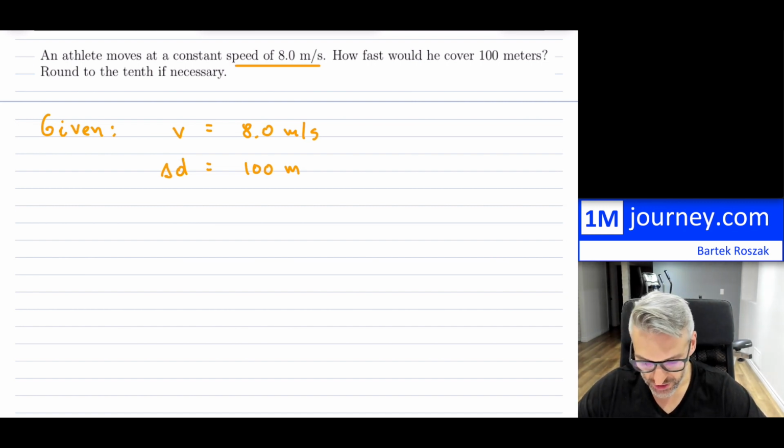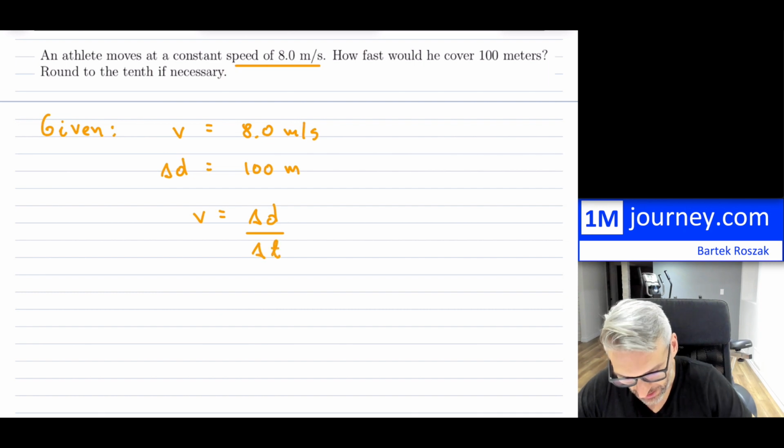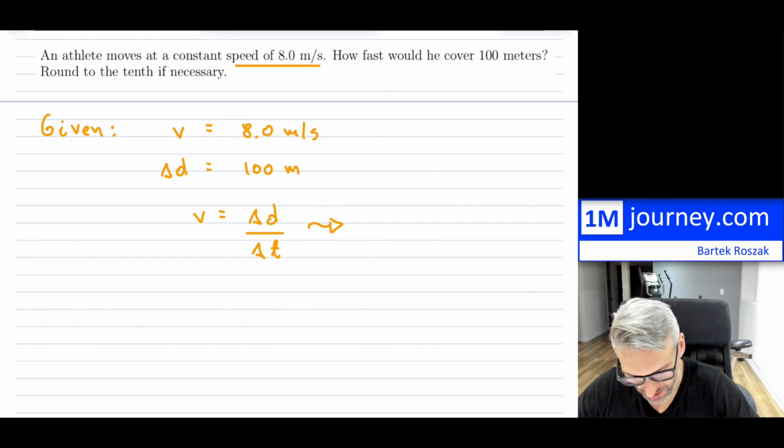And now, if you wanted to find this, you certainly can use formulas within here. So you certainly know what the speed equation should be. Speed is equal to the change in distance divided by the change in time. You certainly can use this from the definition, but if you want to know the delta t, you can rearrange this and multiply both sides by delta t.